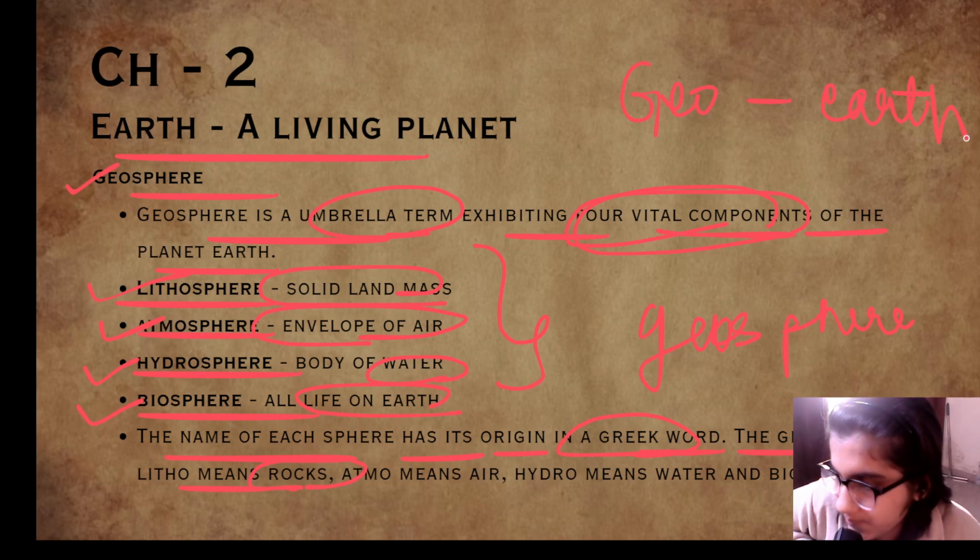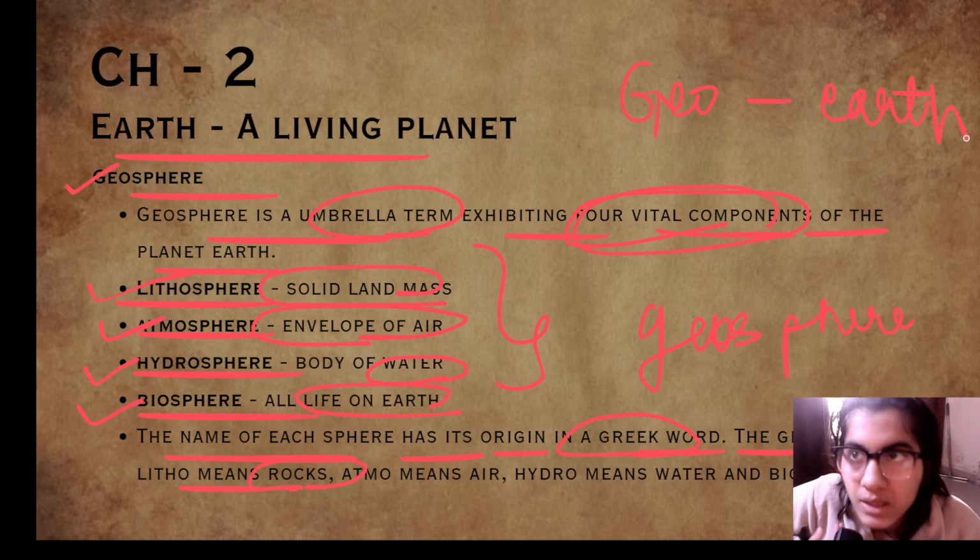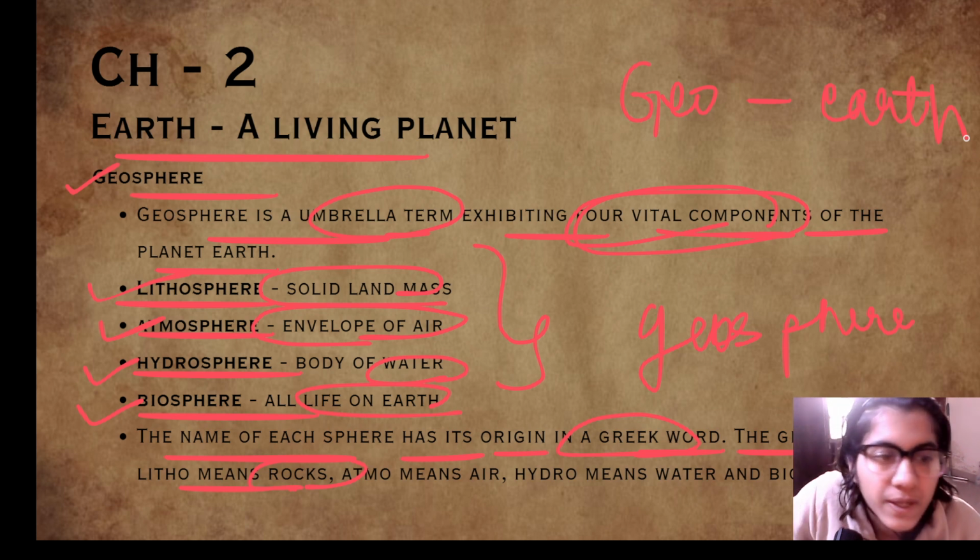So the geosphere is the umbrella term which contains four different spheres: the lithosphere, atmosphere, hydrosphere, and biosphere. These sphere names are derived from the Greek dictionary, as we have seen.